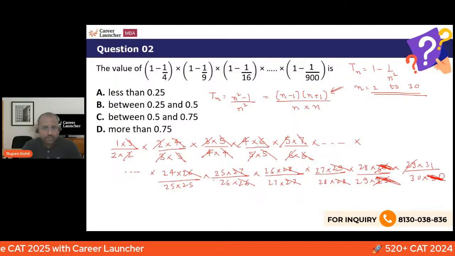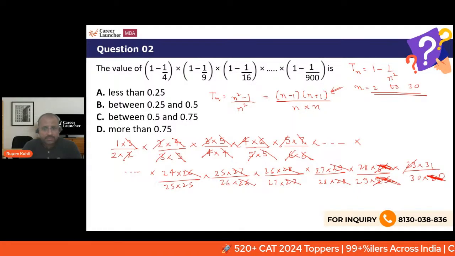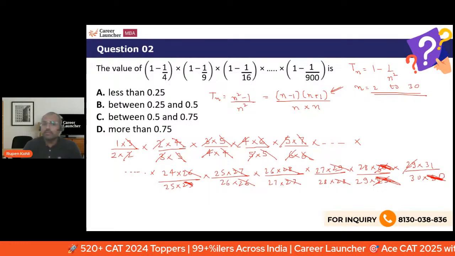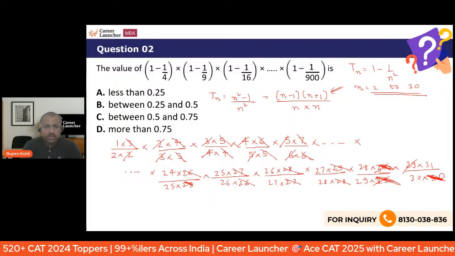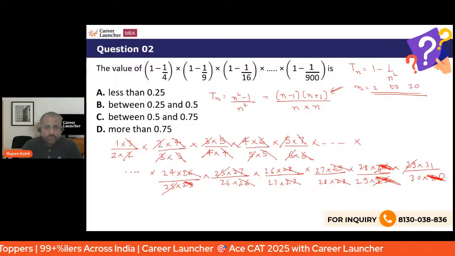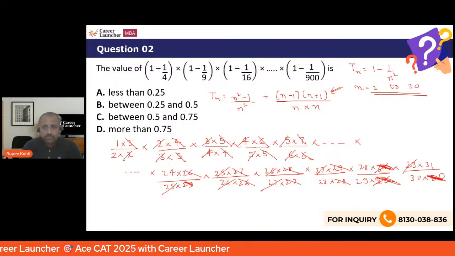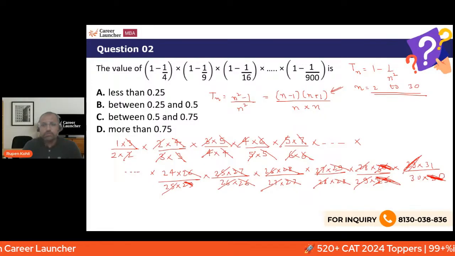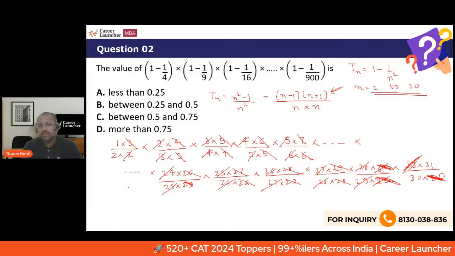So these cancel off. Likewise, this 25 would have also cancelled in a similar manner with the numerator of the previous term, right? And then this 25 goes with this 25, this 26 with this 26, this 27 with this 27, this 28 with this 28, this 29 with this 29 also goes off, and this 24 likewise would have gone off with the previous denominator.